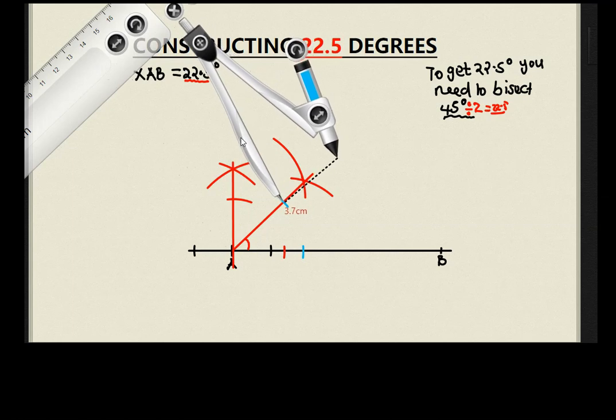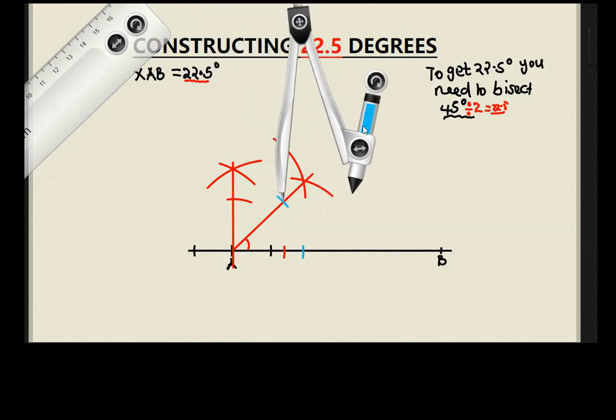Next, I'll transfer my compass to that point and I'll use it to draw an arc.